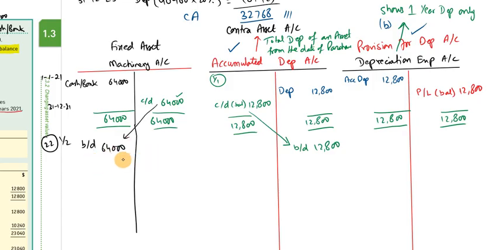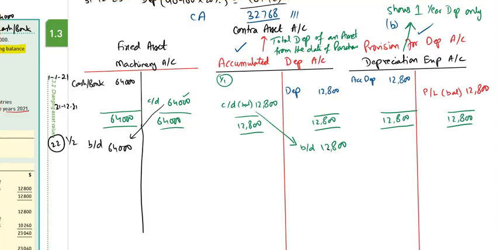There is no addition or deletion in this machine account, and the accumulated depreciation is brought down 12,800, and there is no BD in the provision for depreciation or depreciation expense account. You have to just look at these three accounts, then we go ahead.